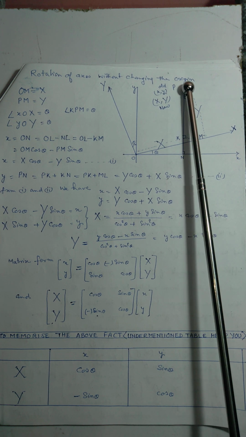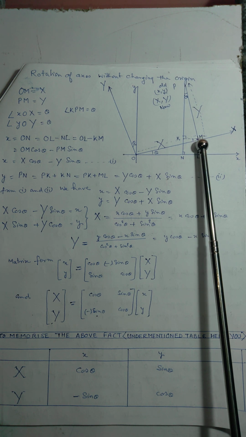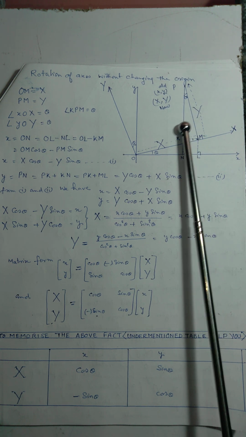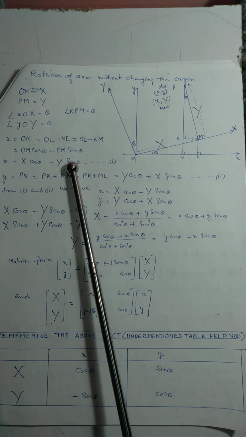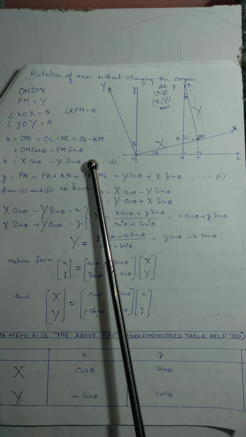Opposite side by hypotenuse is sine theta. So KM equals MP sine theta.